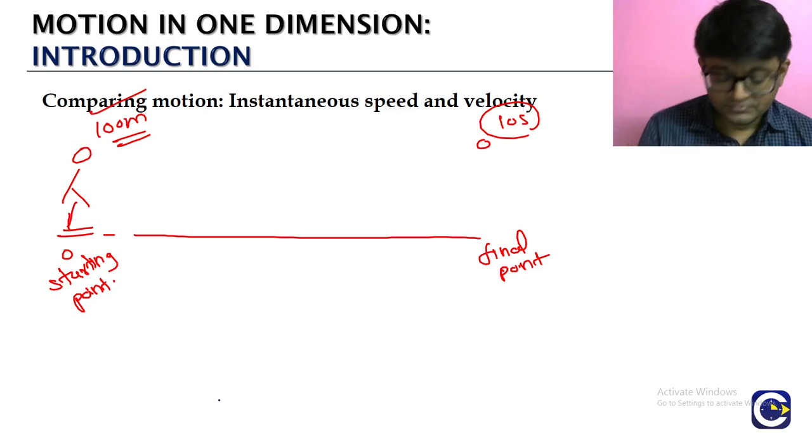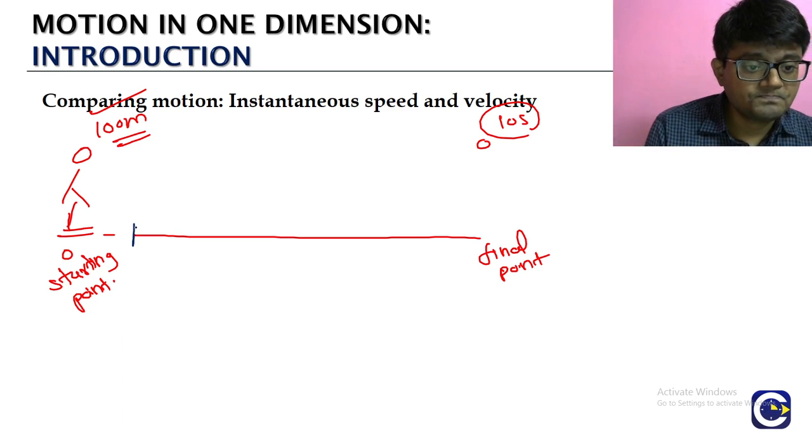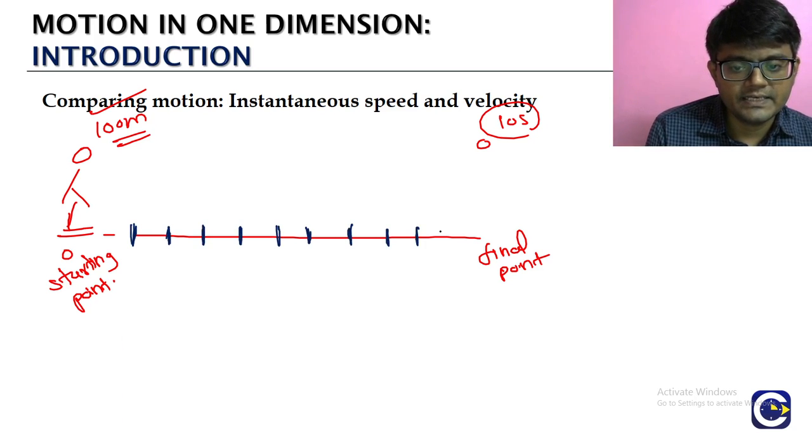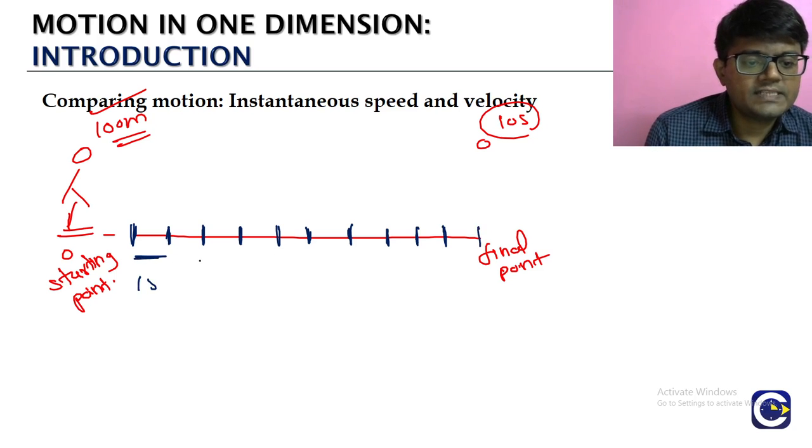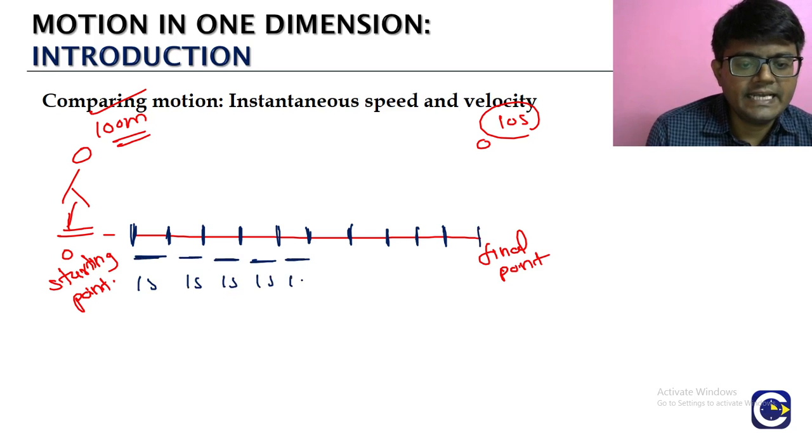So look at it. I will break down the journey into 10 intervals, imagine. 3, 4, 5, 6, 7, 8, 9. Okay. So this is 1 second, another 1 second. You can see how many there will be. We'll actually have 10 intervals. Total 10 seconds we are breaking it.